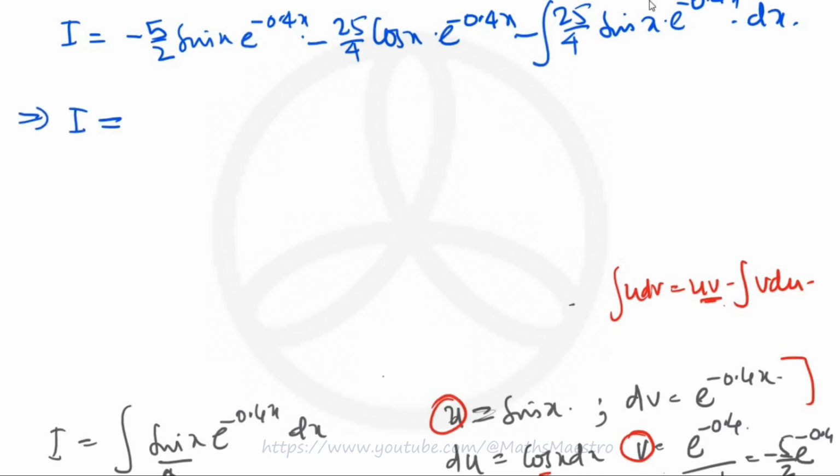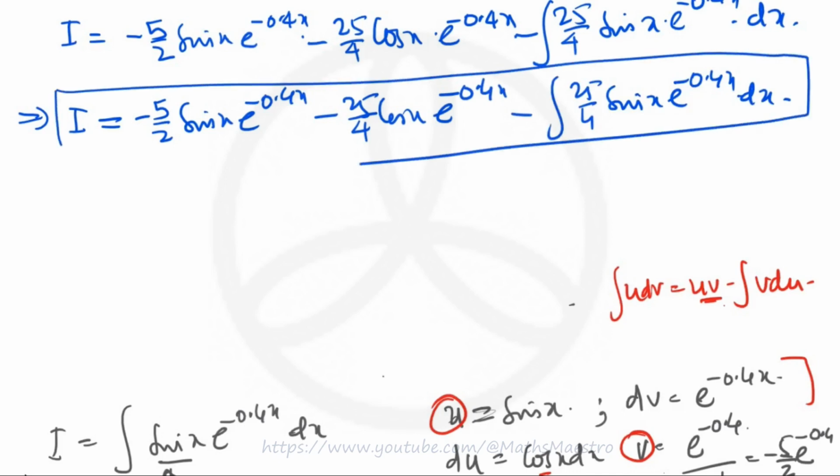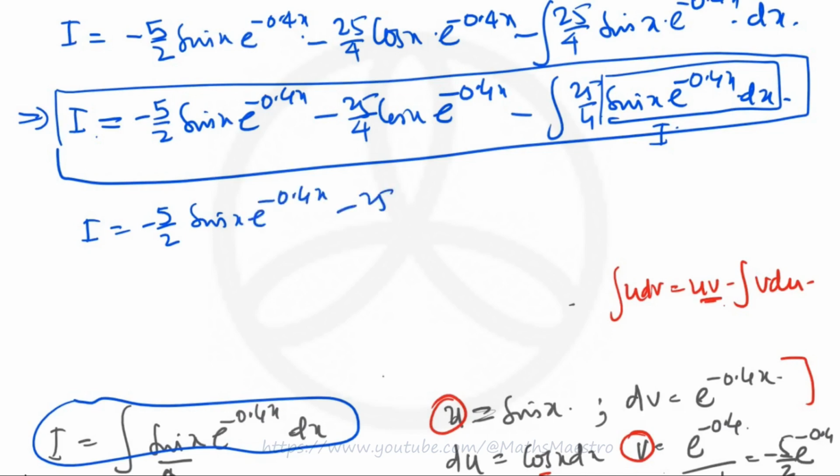Therefore, from the previous step we get minus 5 by 2 sine x e to the power minus 0.4x minus 25 by 4 cos x e to the power minus 0.4x. From previous steps we will get this particular expression that we have, and now if we compare with the I that we assumed earlier, we have I here on one side and I on the other.